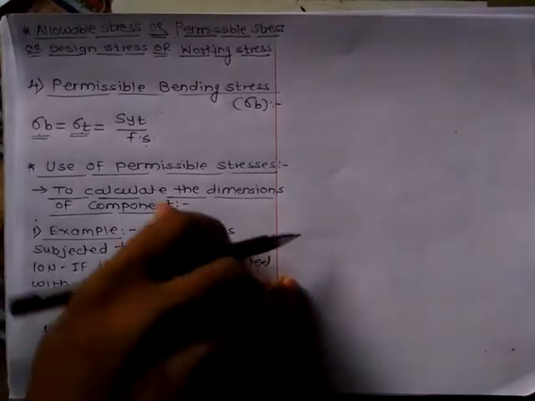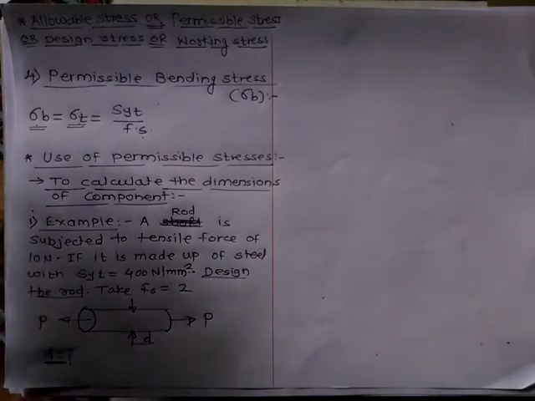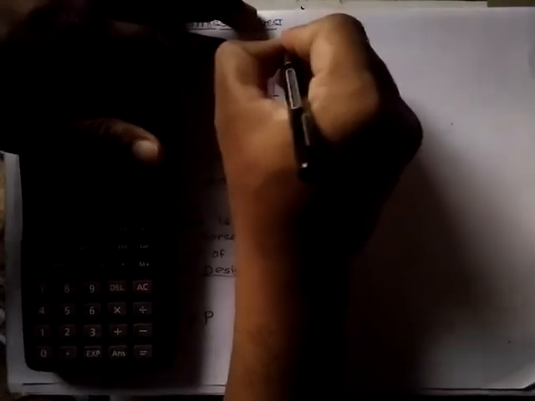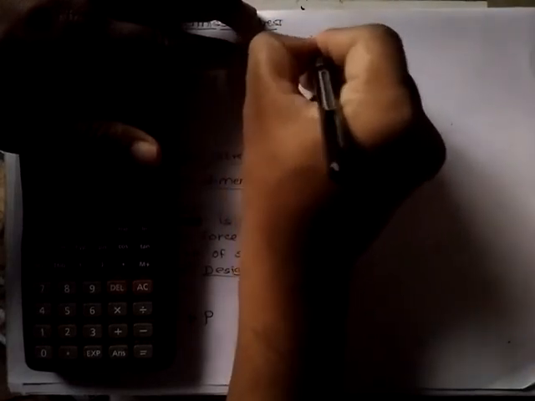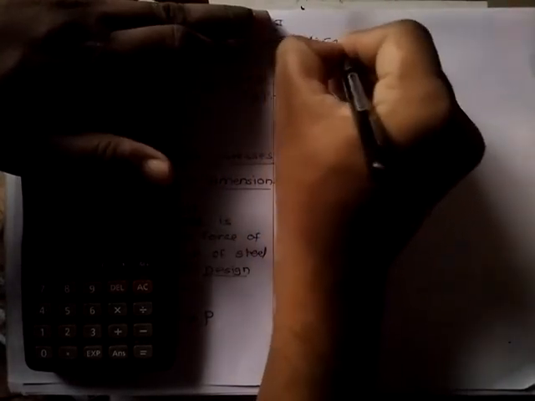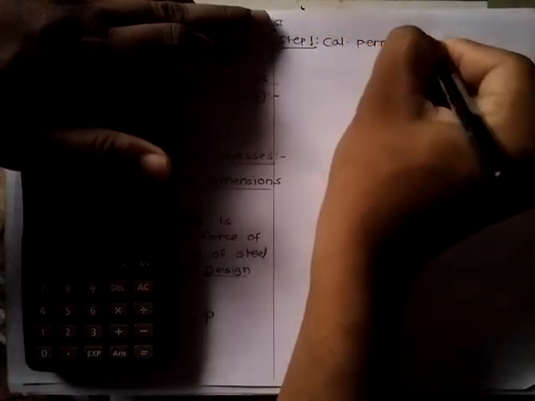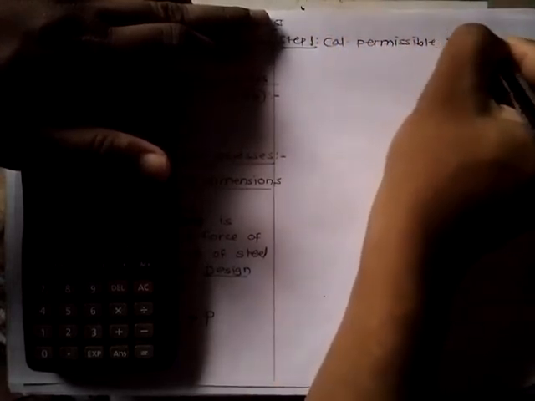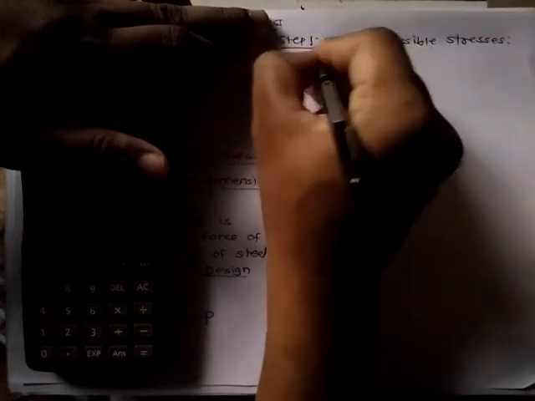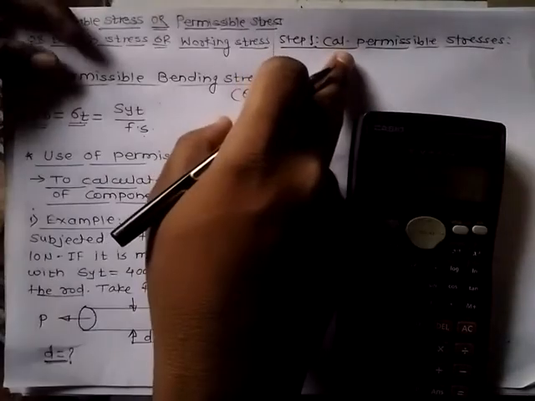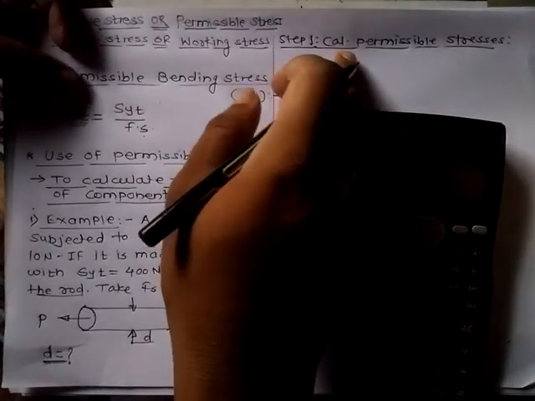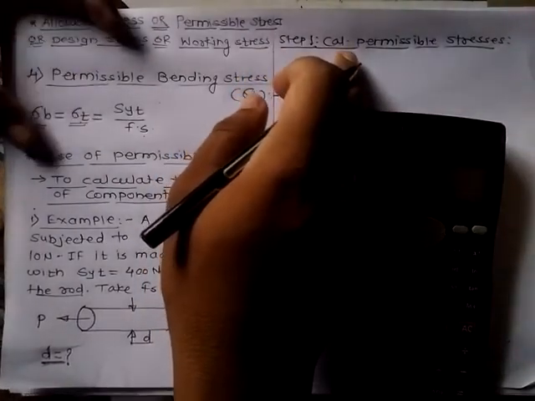So first of all, the first step is to calculate the permissible stresses. Now the question is which type of permissible stress we should consider: tensile, compressive, shear, bending, or crushing.